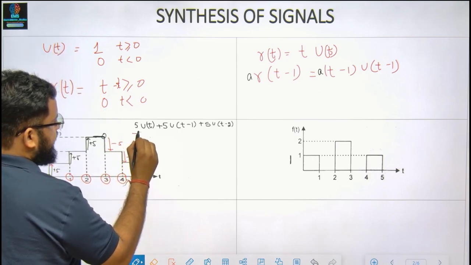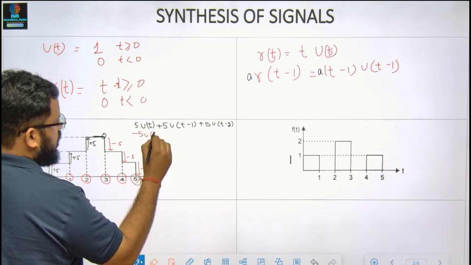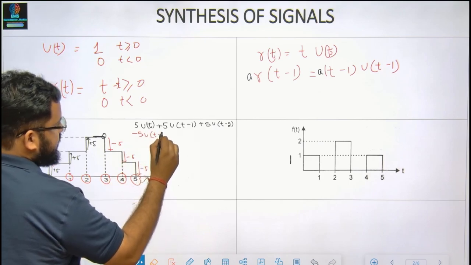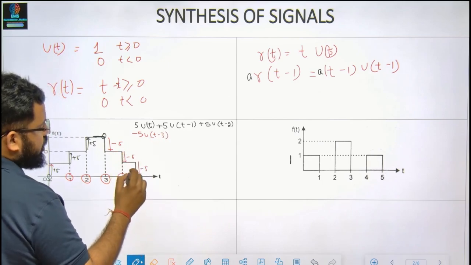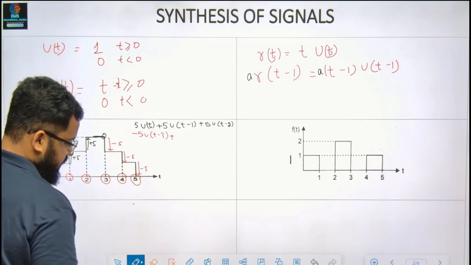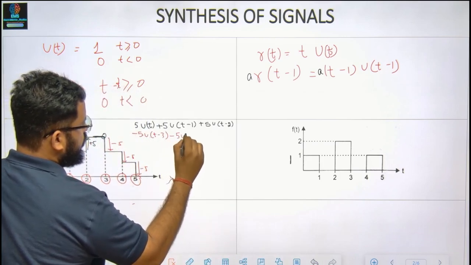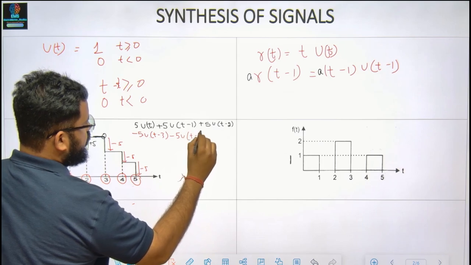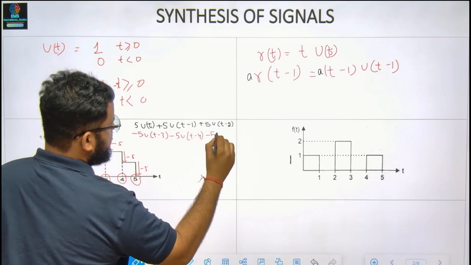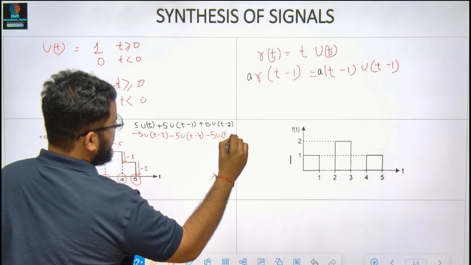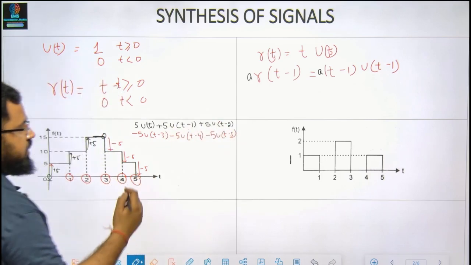So we write down minus 5 u of t minus 3. Then again there is a drop, it is minus 5 u of t minus 4. Then again it is minus 5 u of t minus 5.